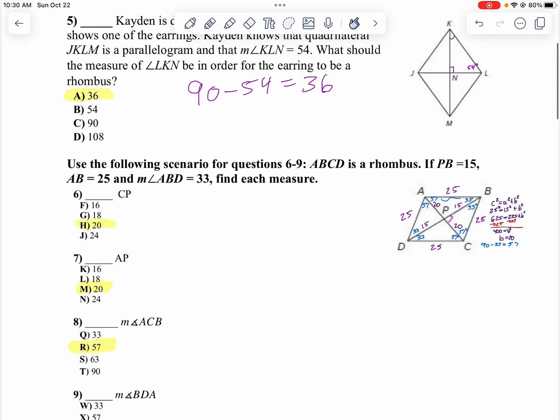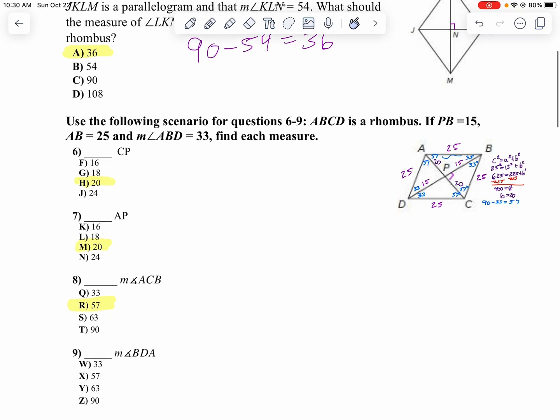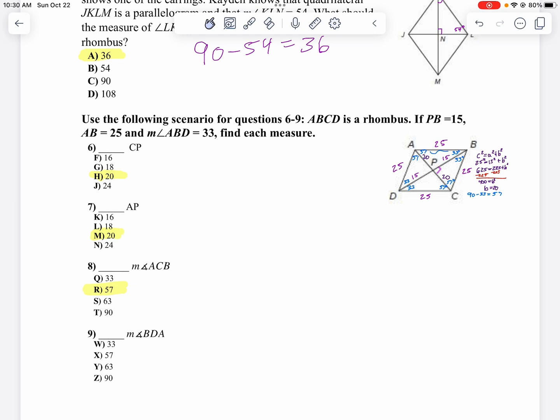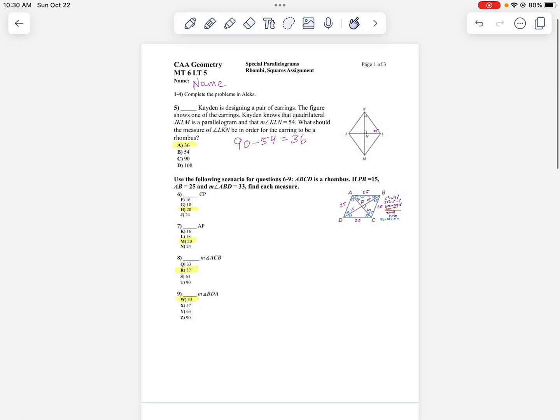Now let's look at our question. We want to find angle B to D to A. Already got that. I don't have my glasses on, so I know it's 33 degrees. And there's our first page.